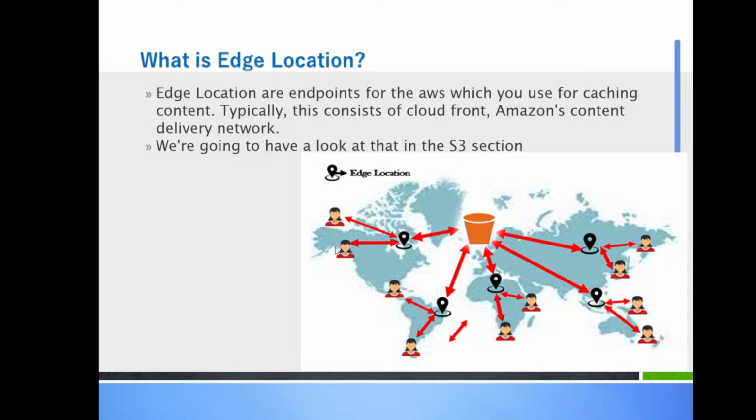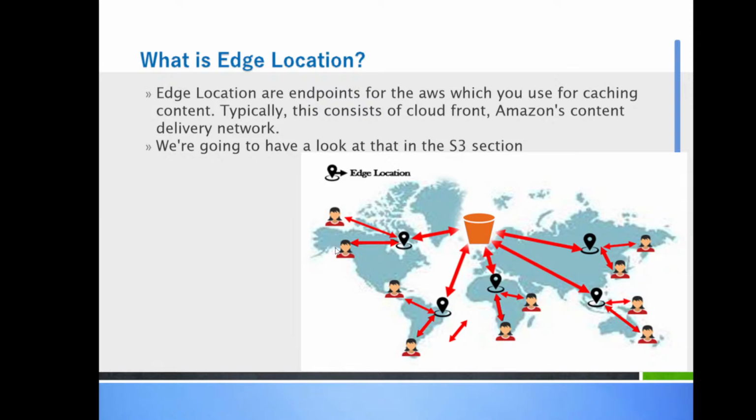To support and integrate this concept, local servers are installed by Amazon. They are called edge locations, and their primary purpose is to store the cache of the data or a website. They are not used for computing, they are not used for providing RAM or CPU.